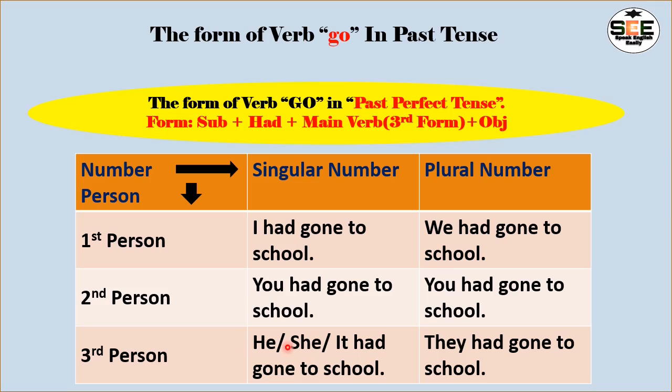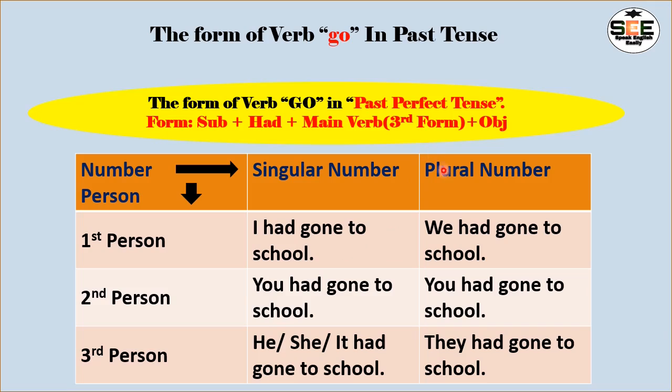So he, she, it is the subject, had is the helping verb, gone is the past participle form of go, and school is the object, right? So it may be he had gone to school, she had gone to school, or it had gone to school, right?